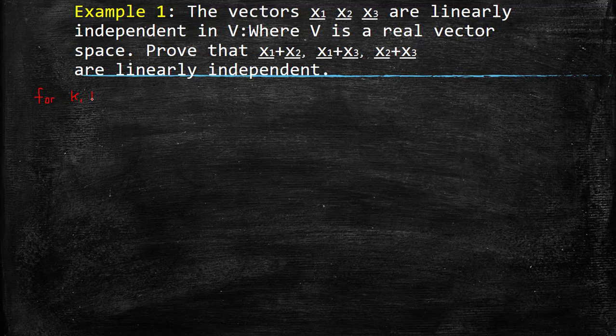So we say for some k1, k2, k3 in R, our zero vector is equal to k1 x1 plus k2 x2 plus k3 x3, and this is what is known, so we have k1 is equal to k2 is equal to k3, since our x1, x2 and x3 are linearly independent.